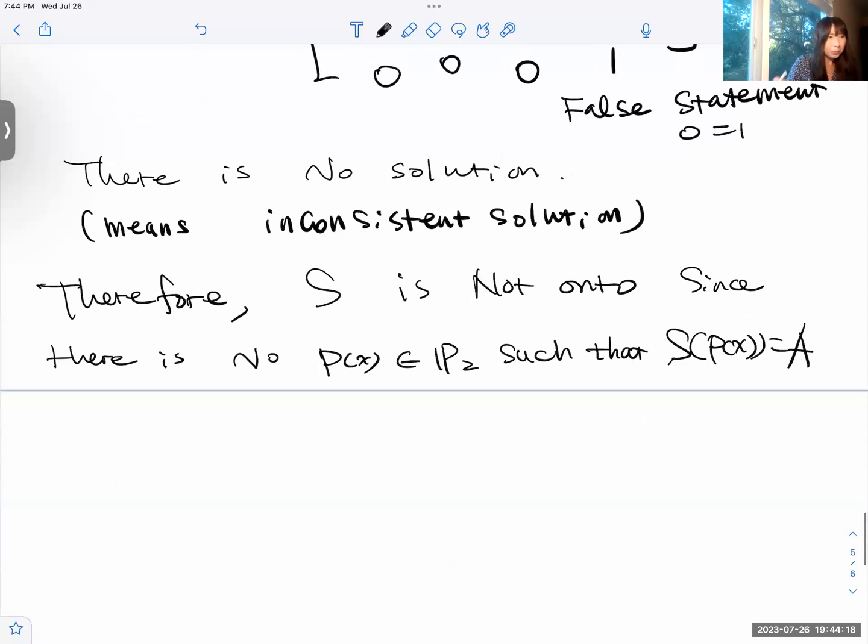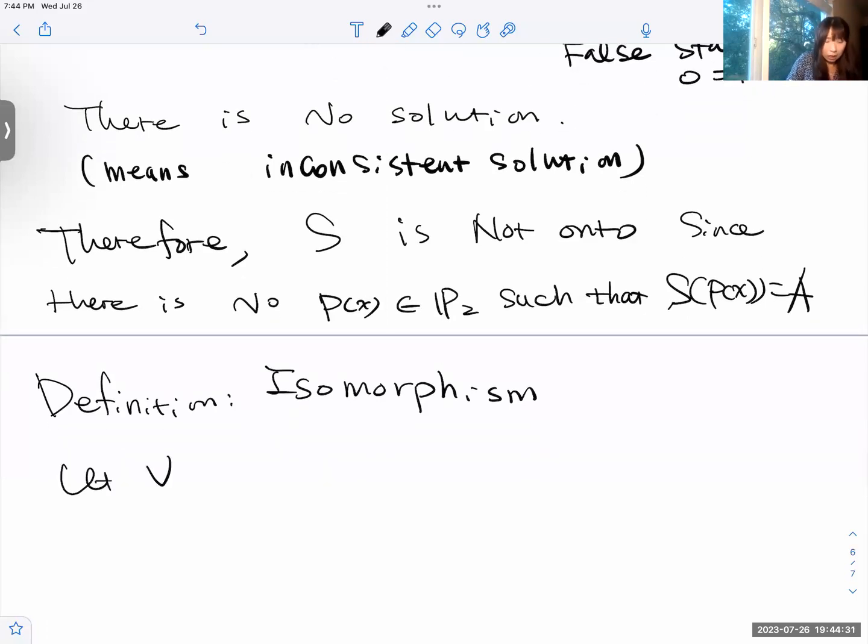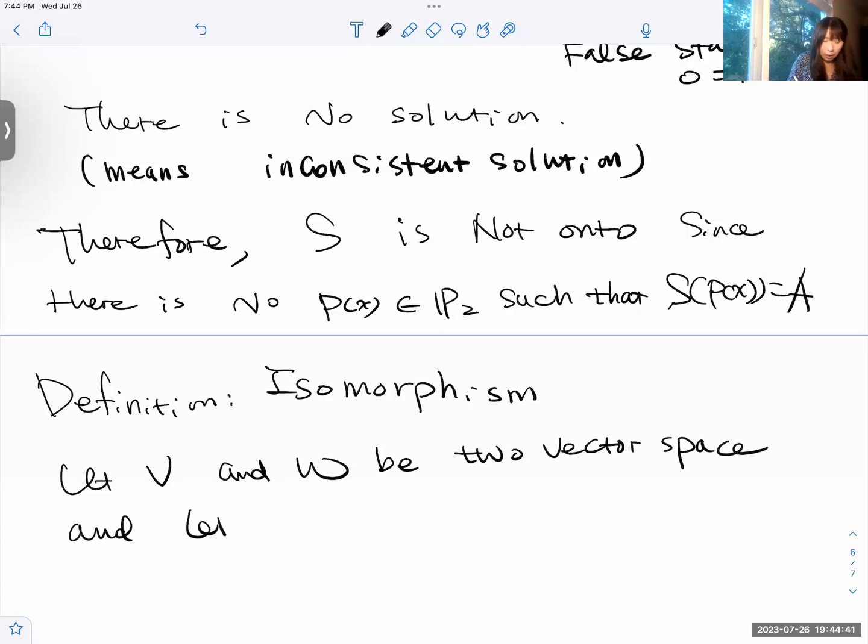Isomorphism. That is a title, right? So we have: let V and W be two vector spaces, and let T be a linear transformation.